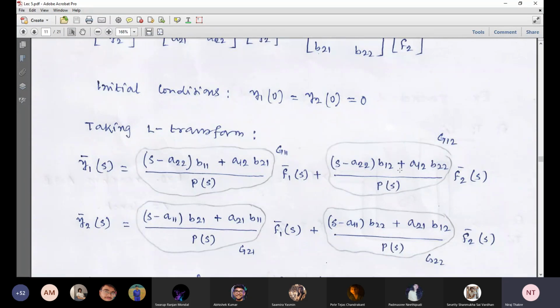I repeat, you take the Laplace transform for the given model, rearrange them to get y1 and y2, and these are the standard forms. I am directly giving here the equations for y1 and y2 in Laplace domain. You note down these two equations and you may verify whether these equations are correct or not later.